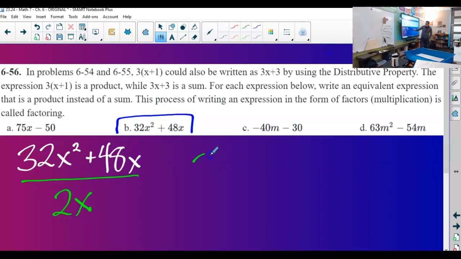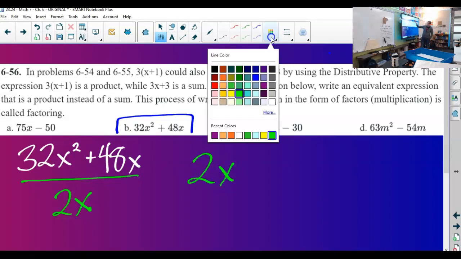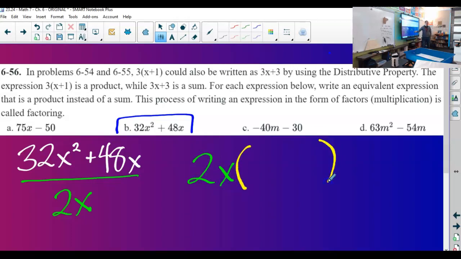So now what we're trying to figure out is what the 2X needs to multiply by to get what we have. What does 2 need to multiply by to make 32? Anybody? 16. But what does X need to multiply by to make X squared?